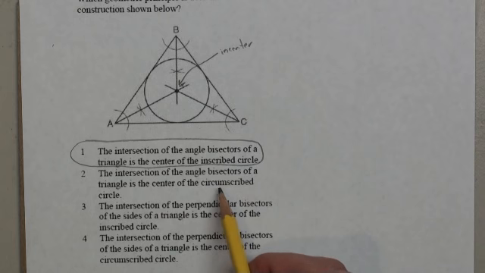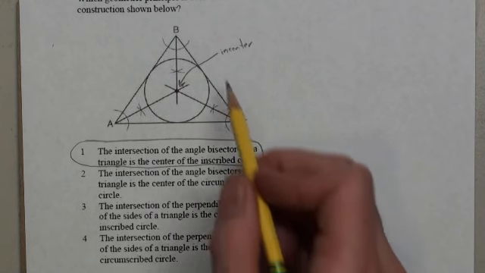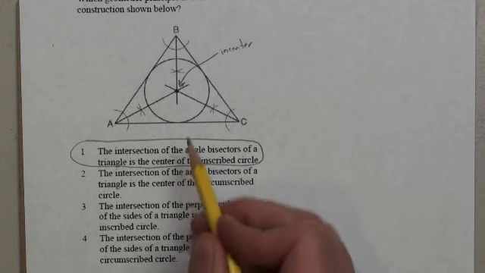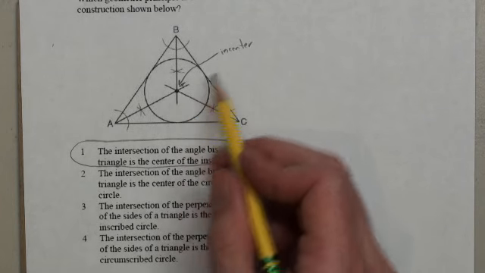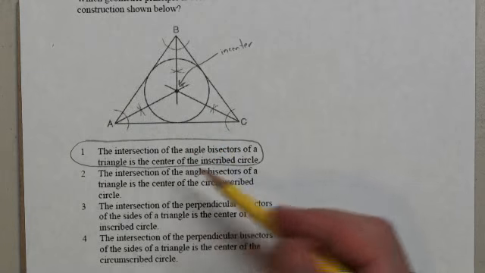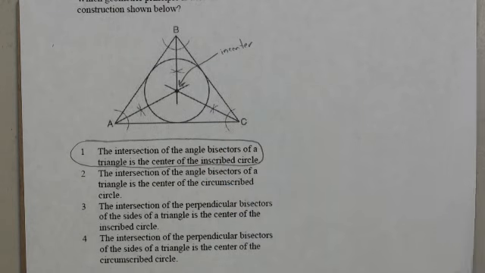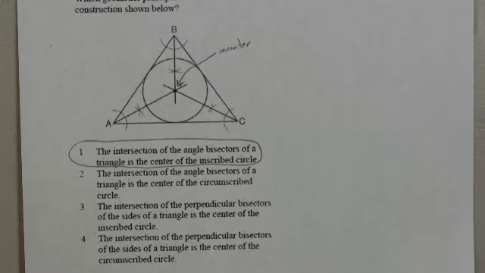Be careful, because the next one was circumscribed. But remember, that means when the circle's on the outside of the triangle. Inscribed, inside, incenter. That's why they named it that. Then if it was circumscribed, it would be circumcenter. Okay. Let's look at the next one.